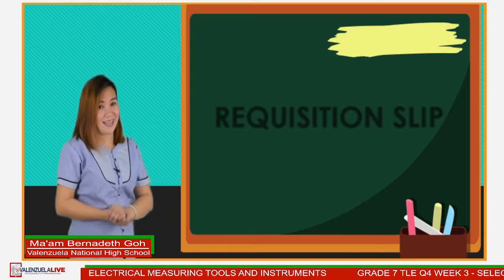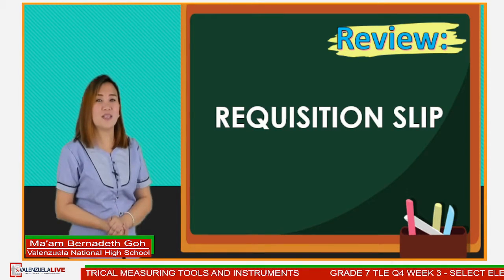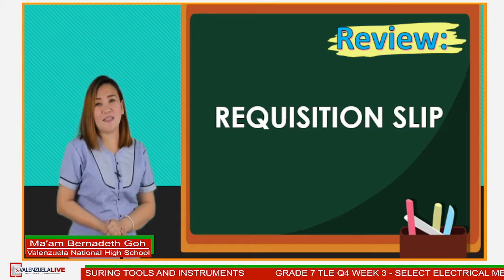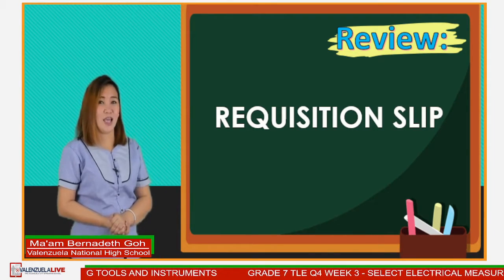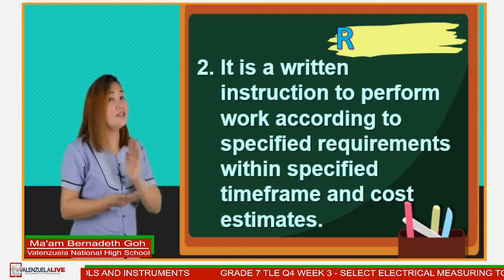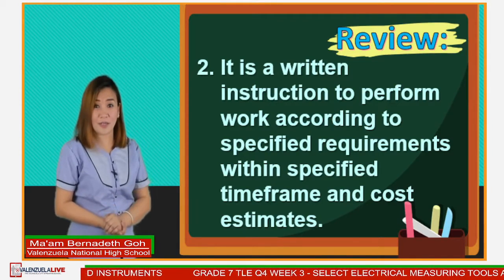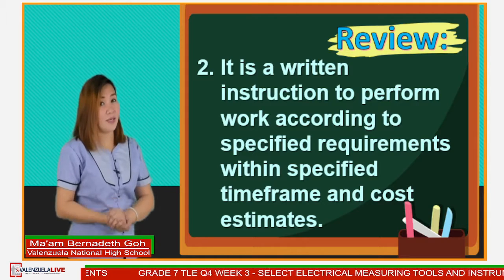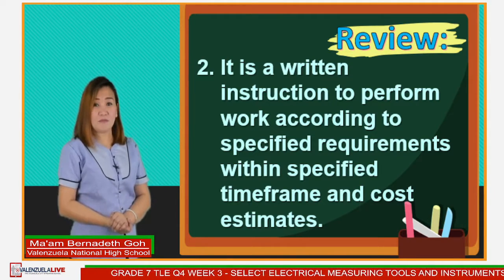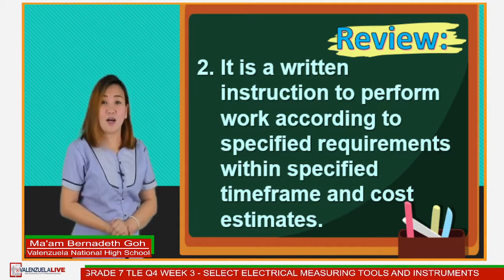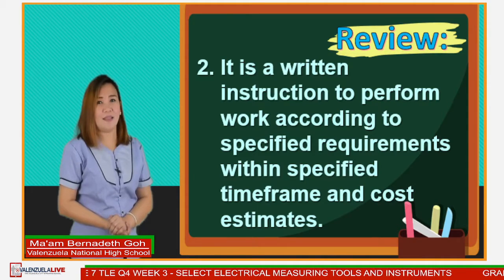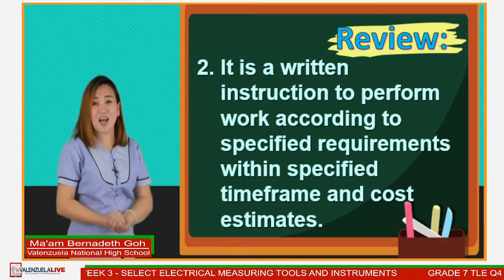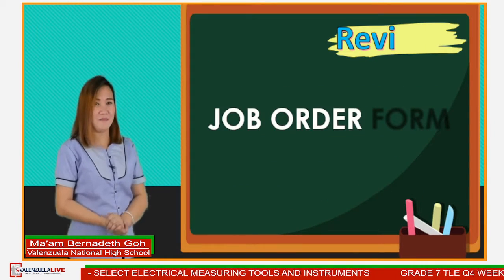Yes, it is requisition slip. Let me see the next description. It is a written instruction to perform work according to specified requirements within a specified time frame and cost estimates. And that form is job order form. Great!